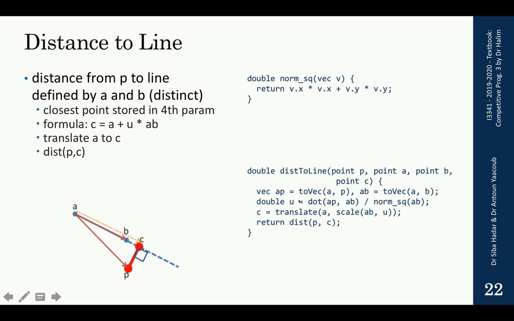Okay, so this value U, the dot product divided by the norm square, if you use it, how do you obtain the point C?